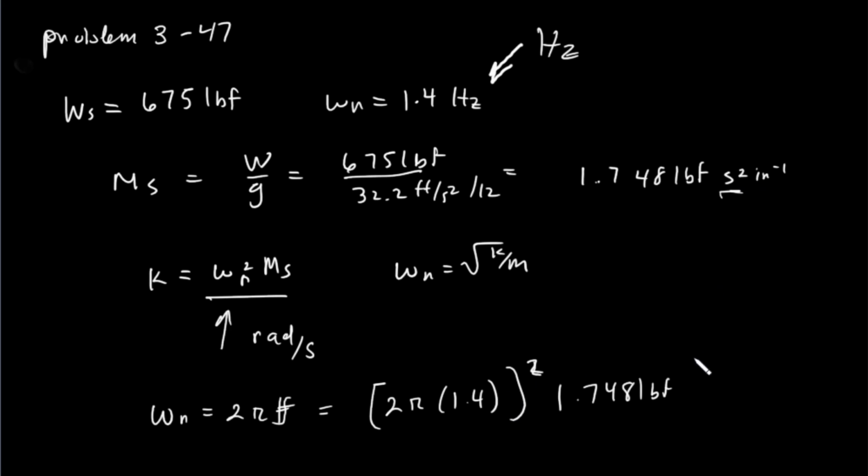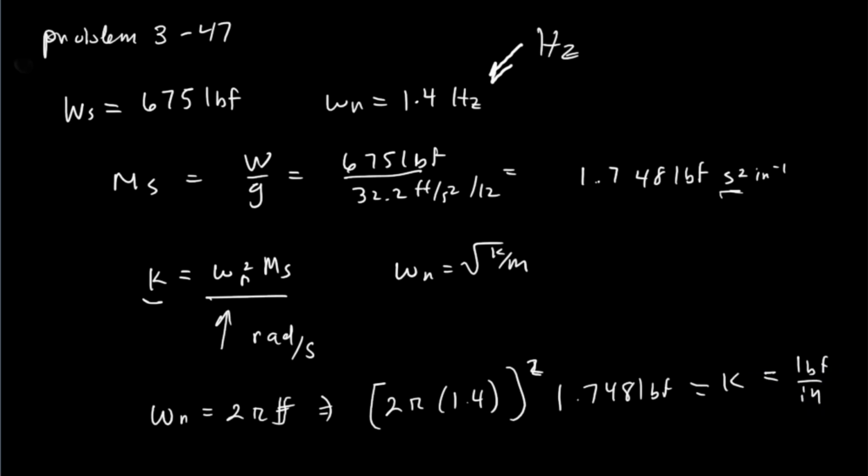And so what we should expect is that when we solve for k, we'll get a force over length stiffness. So if we multiply these terms, that's equal to k, and that's going to be in pounds force per inch.